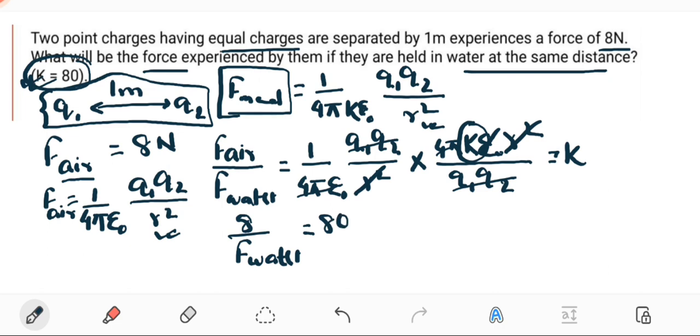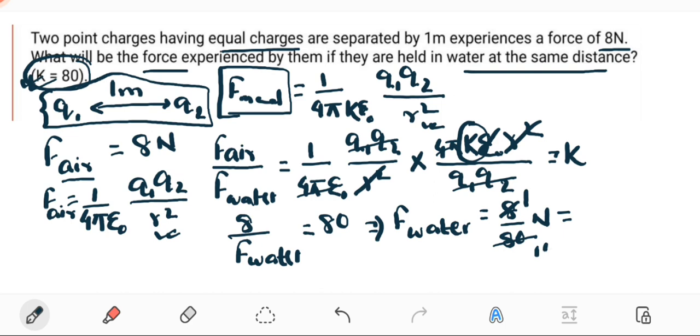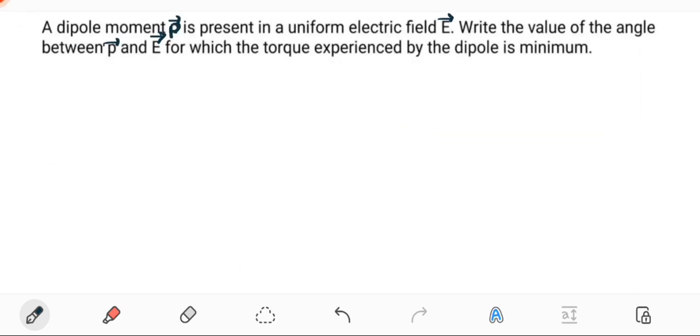So finally force in water will be equal to 8 upon 80 Newton, which is 1 upon 10 Newton, or in decimal, 0.1 Newton. This is how you will have to write the answer in the board exam. This is one of the simplest questions we could have seen. So let's move to the next question now.